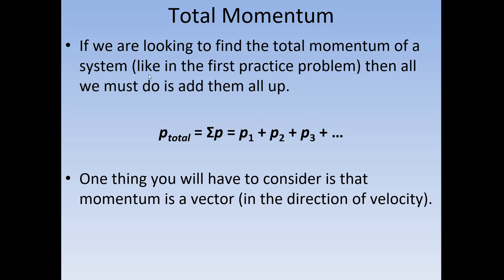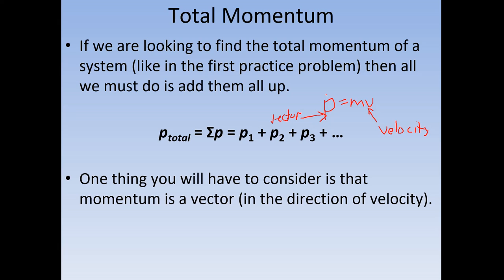I didn't mention this before, but in the equation P equals mv, v stands for velocity and is a vector. Since it's being multiplied by mass, which is a scalar, that means momentum also has to be a vector.